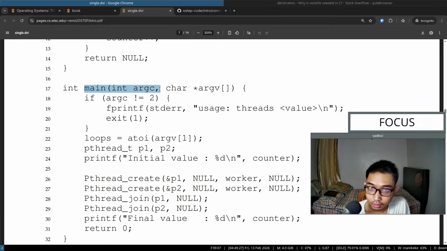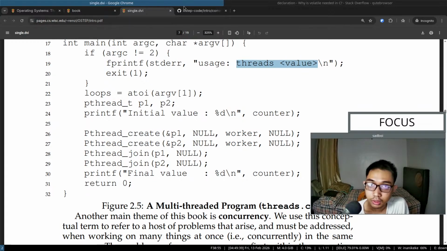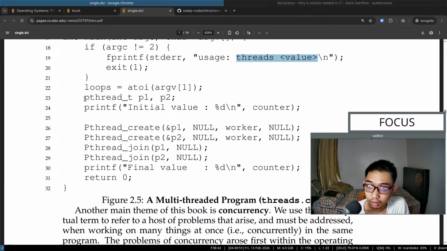Main. That value, okay. Thread underscore T, okay.